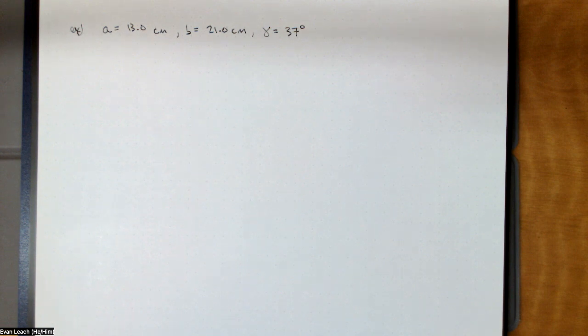I've got two sides and one angle, and the angle is in between the two sides. Got side A, I got side B, and gamma is the angle between side A and B. So two sides and the included angle.